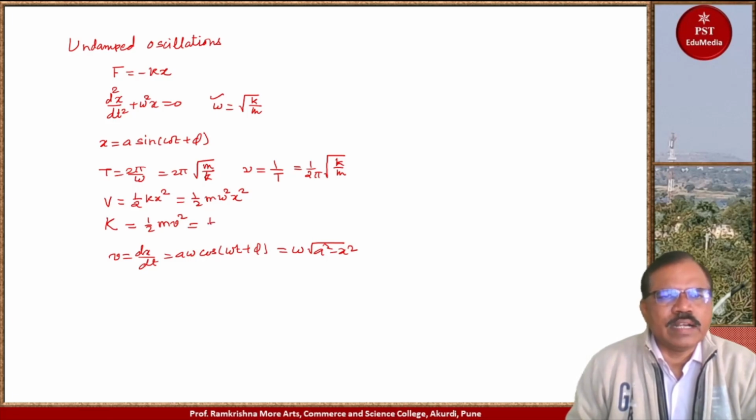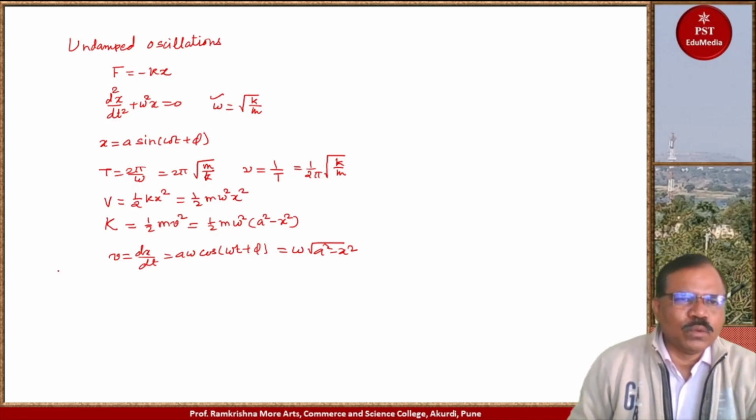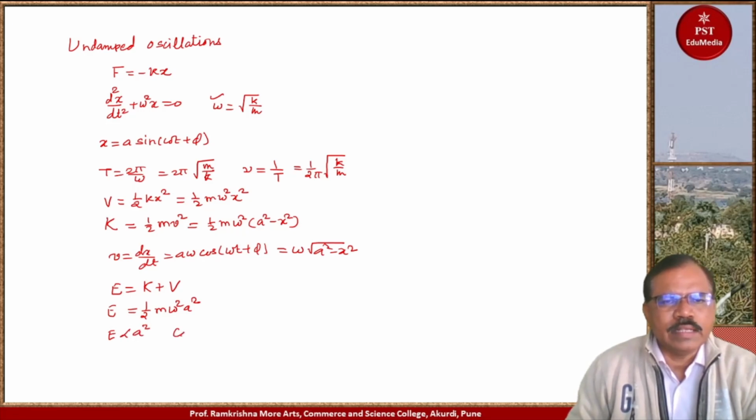So we get 1/2 m omega square in bracket a square minus x square. If we take total energy E, that is kinetic energy plus potential energy, this comes out to be 1/2 m omega square a square. E is proportional to the square of amplitude, and it is constant.